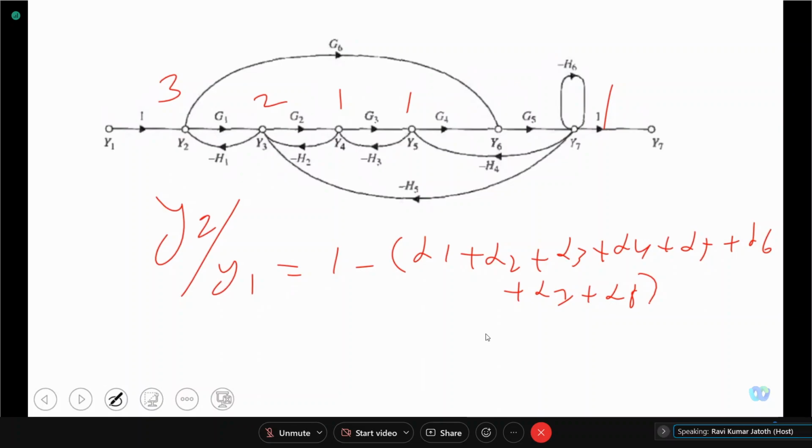Now, plus the sum of products of two non-touching loops. You can find that out, no?